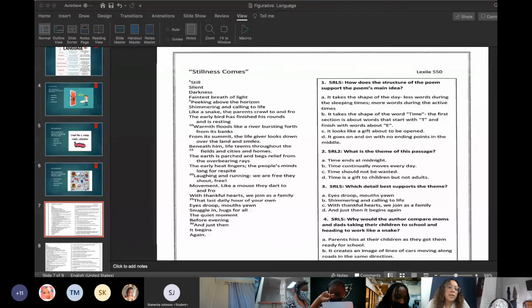Who can tell me what stanzas are and how many stanzas are inside of this poem? You can raise your hand. Go ahead, Anaya Francis.